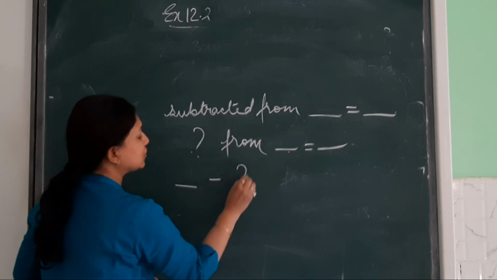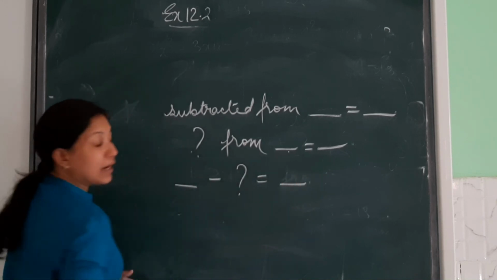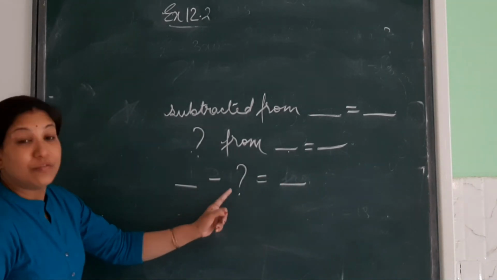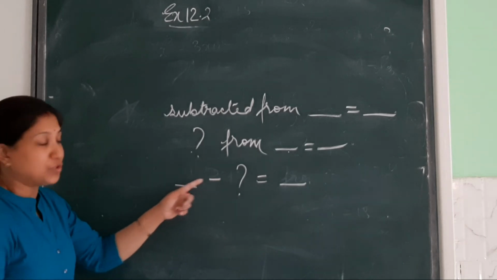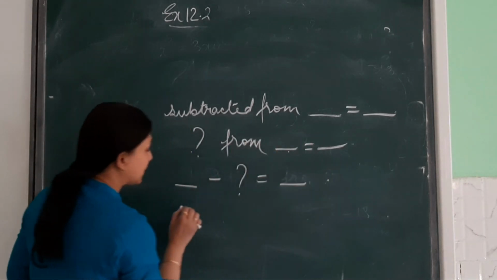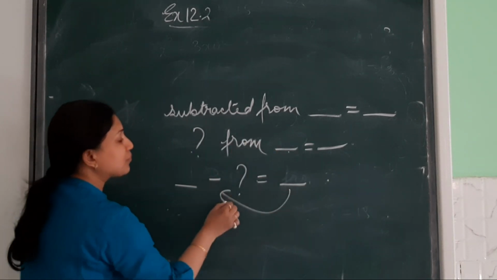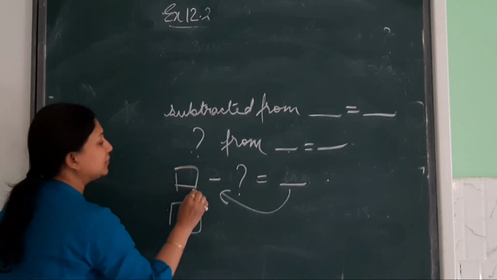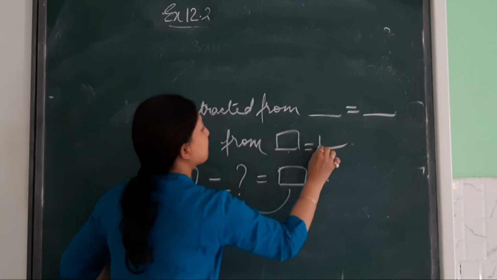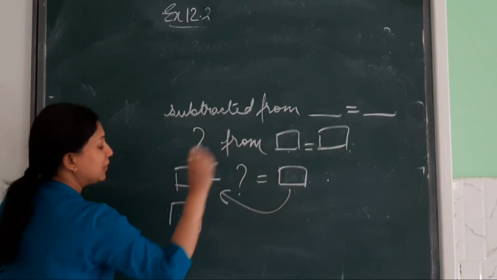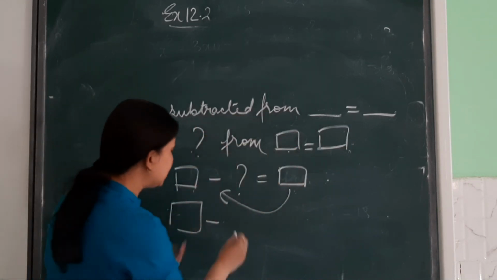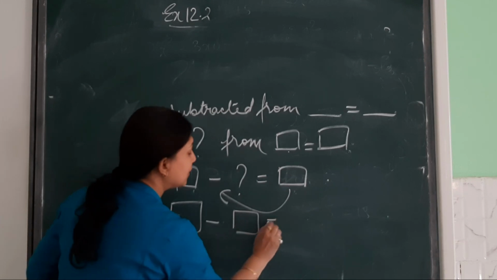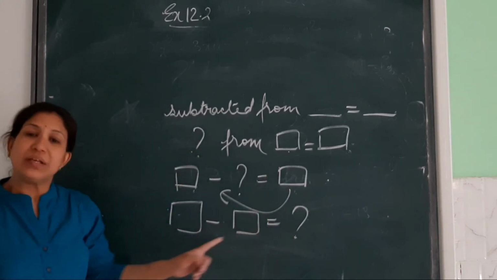This is minus question mark equals that number. We want the value of question mark, not minus question mark. So transpose it that side. So this will come here. This will become this number. This number transposes to the result side in minus. You will get what should be subtracted.